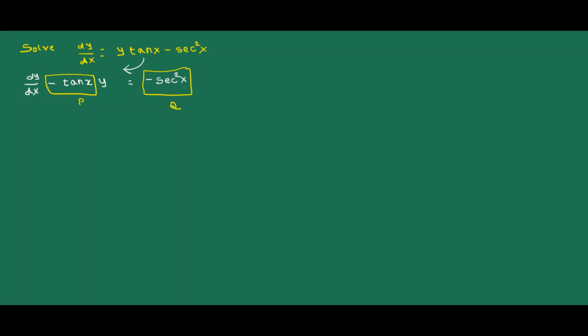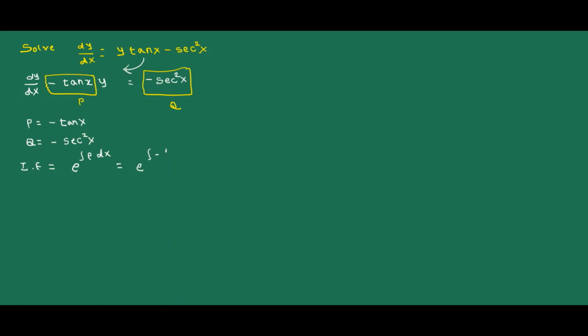So I will write here p is equal to minus tan x, and q is equal to minus sec square x. We have to find integrating factor. Integrating factor formula is e raised to integration of p into dx.